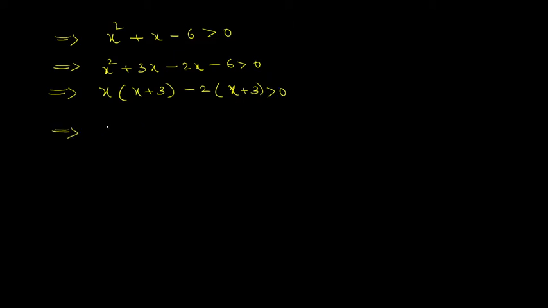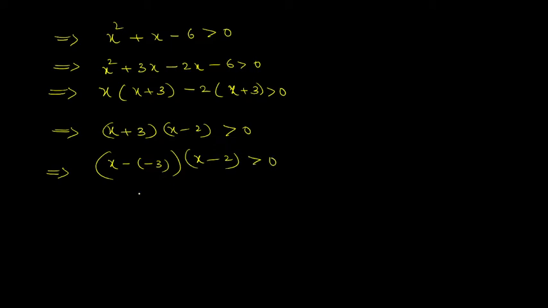That implies (x plus 3) into (x minus 2) is greater than 0. This can be written as (x minus of minus 3) into (x minus 2) greater than 0. That means x does not lie between minus 3 and 2.